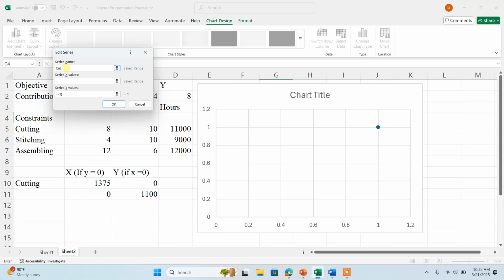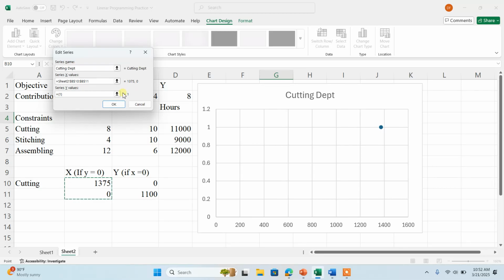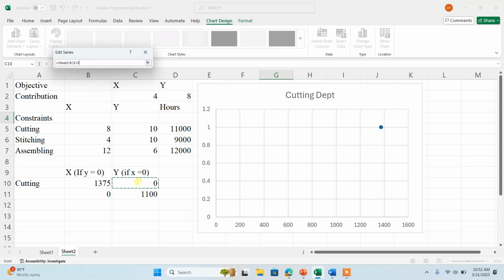This is my cutting department. On x-axis, I'm considering this, and on y-axis, considering this.